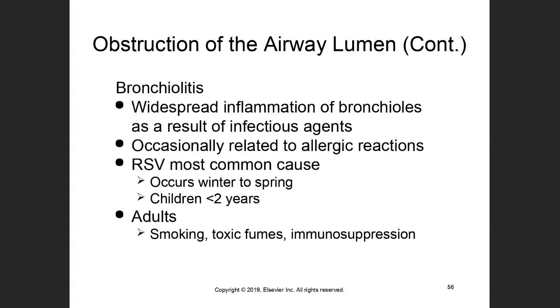Bronchiolitis is a widespread inflammation of the bronchioles as a result of infectious agents. The most common one is viral. RSV is a virus, and it's extremely common in children less than 2 years old in the winter, especially winter to spring.